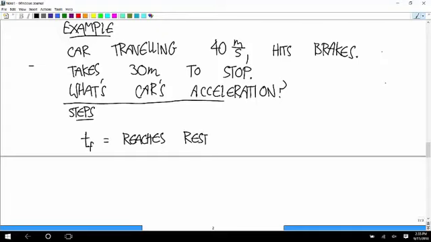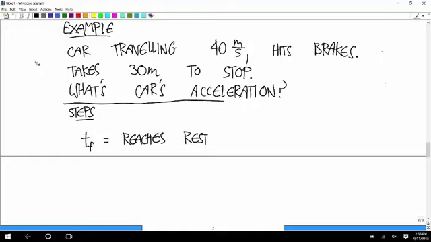And what are the things that we know at that point when it stops? That's right. It's traveled 30 meters. And we know one other thing. When it's at rest, the velocity is 0, exactly.